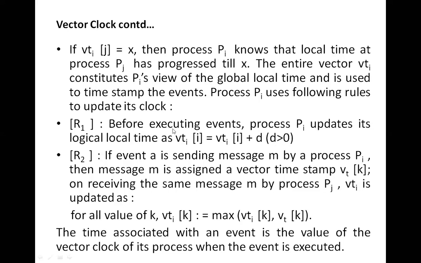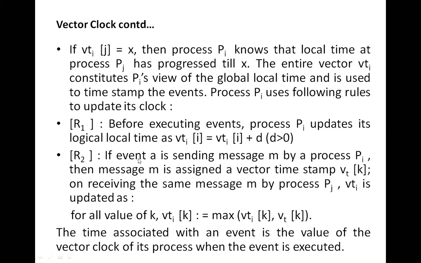The meaning of this rule is very simple. Suppose we have a process P3, and the process P3 has just initiated its first event. Before the first event has been initiated, the vector of that process will be 0, 0, 0. And after the first event has been initiated, it has to increment it by 1. That is the value of d.